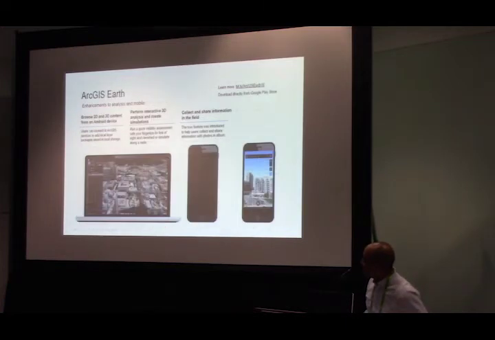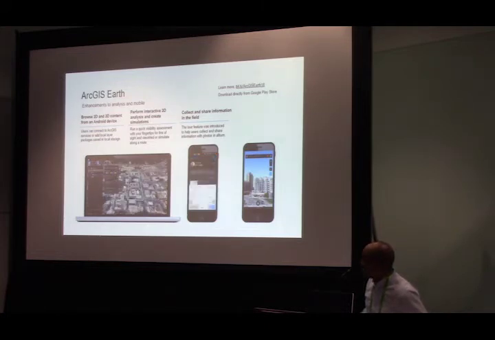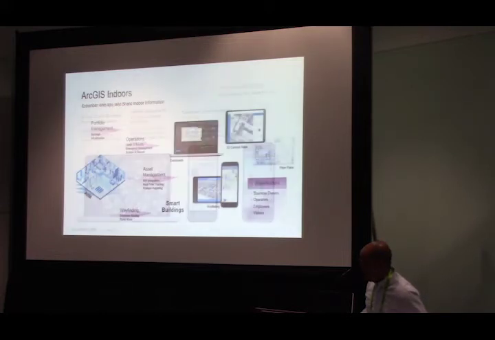And lastly, ArcGIS Earth is also a free downloadable application that runs on desktop and mobile systems. I think I have one more last video in here, and then I'll pass it on to Tobias. ArcGIS Indoors is a new offering from Esri that allows you to visualize interior spaces.